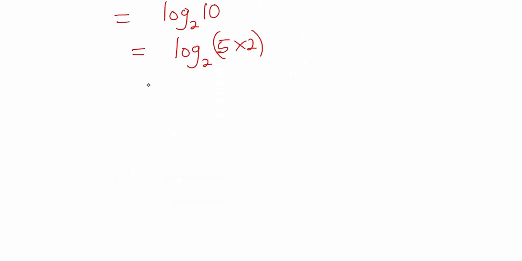Now by applying the same laws of logarithm, once we see something like this being multiplied, we can expand by using the laws of logarithm. That is logarithm of 5 to the base 2, plus logarithm of 2 to the base 2. So this is a single logarithm, and when we expand, this is what we get.